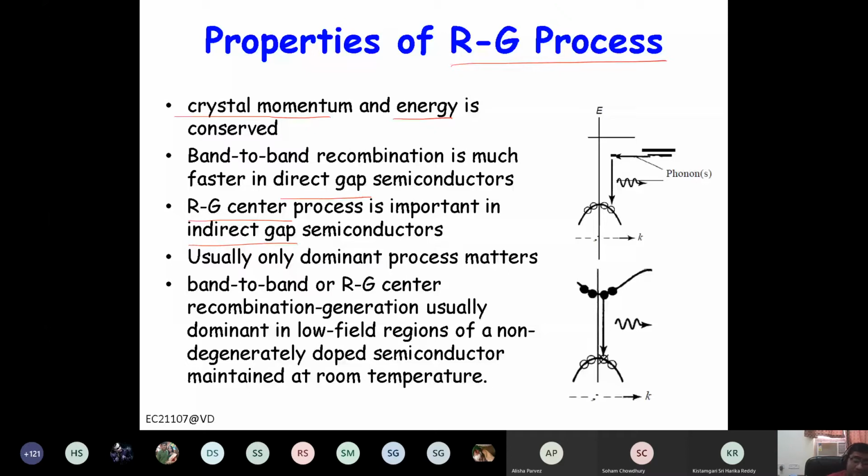Now, is it that in direct band gap only band to band recombination will take place, and in indirect band gap only trap assisted recombination will take place? No, all the processes are possible in all the semiconductors, but the dominant process matters. So we focus on that process because it is the dominant mechanism. Band to band recombination is dominant in direct gap, and trap assisted recombination is dominant in indirect gap semiconductors.